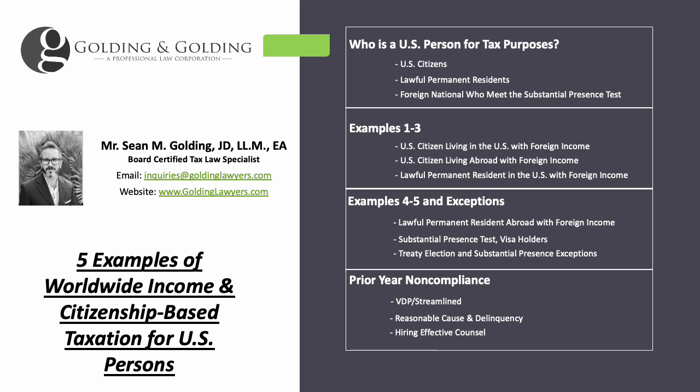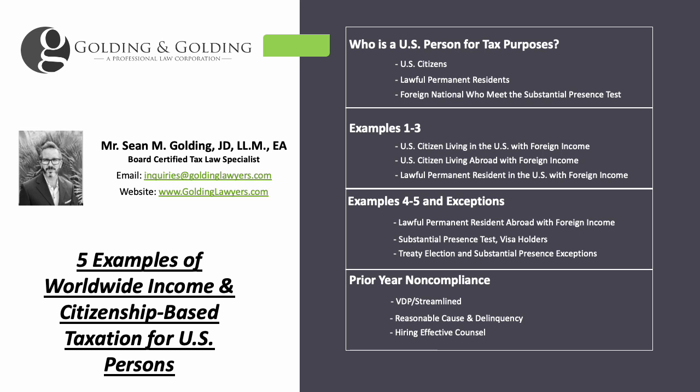Next example, example 3: a lawful permanent resident in the United States with foreign income. This is super common because maybe Dave is a foreign person who moved to the United States, was here on a visa, then became a permanent resident. Dave lived and worked in a foreign country before, so he has a significant amount of income from the foreign country and investments.